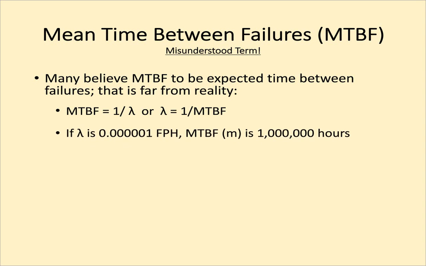If lambda, and I'm just using this as an example for a 1,000,000-hour MTBF, if lambda is equal to 1/1,000,000th, the probability that there will be 1/1,000,000th of a failure per hour, which equals 1 failure per 1,000,000 hours, MTBF will be equal to 1,000,000 hours, which is the reciprocal of 0.00001.